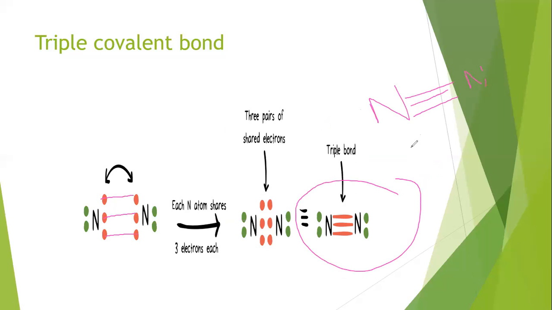By sharing 3 electrons, both atoms complete their octet. You can count for this nitrogen 1, 2, 3, 4, 5, 6, 7, 8. 8 electrons now this nitrogen has. Count for this nitrogen atom 1, 2, 3, 4, 5, 6, 7, 8. Now 8 electrons for this nitrogen atom. In this way both the atoms complete their octet and become stable.